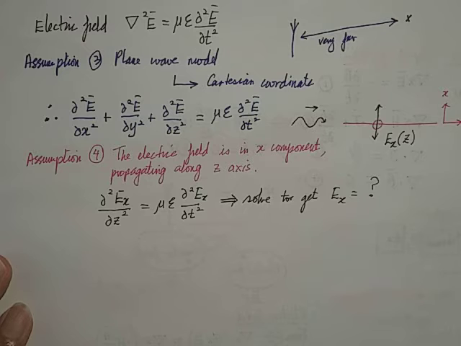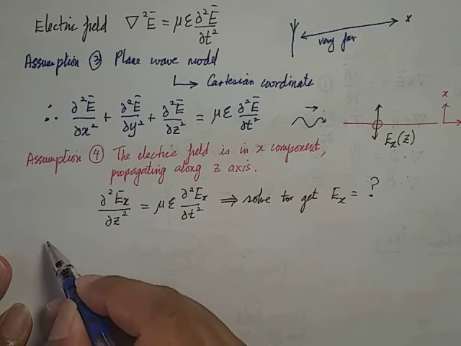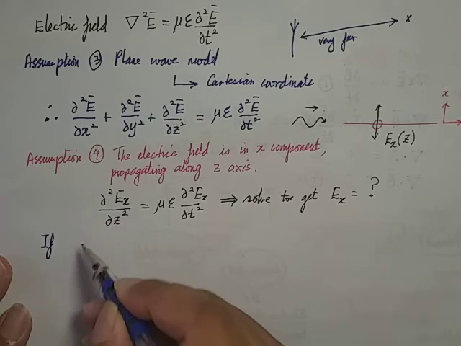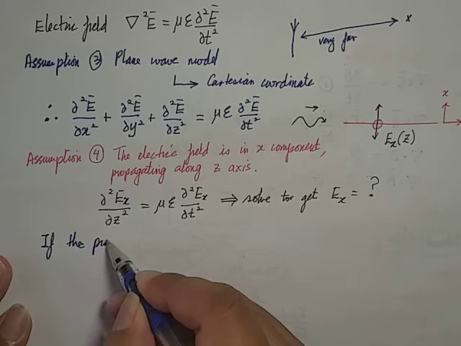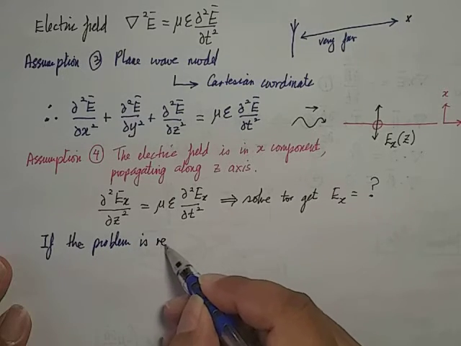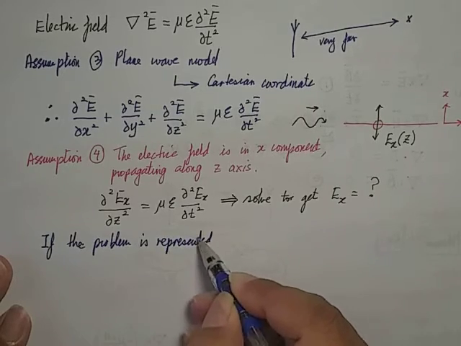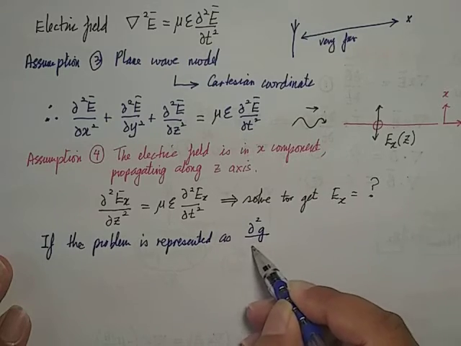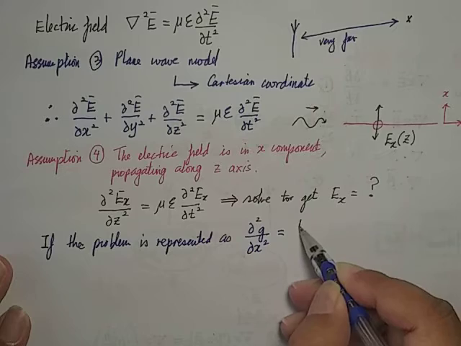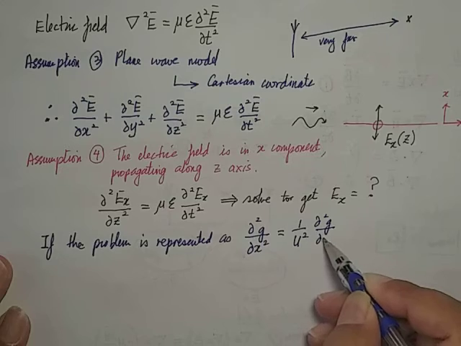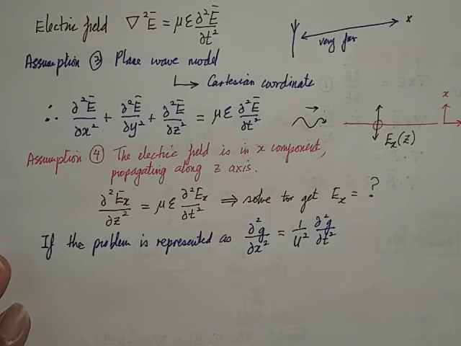So by stating this argument, if my problem is represented as d square g over dx square equals 1 over u squared, d square g over dt squared, that's my general term.